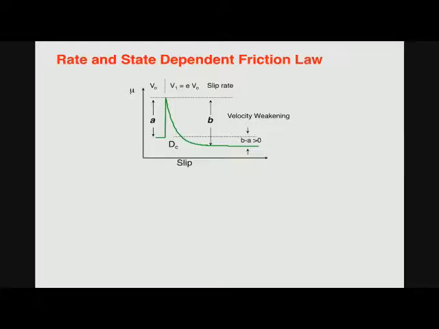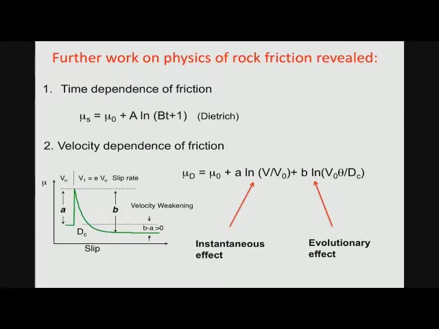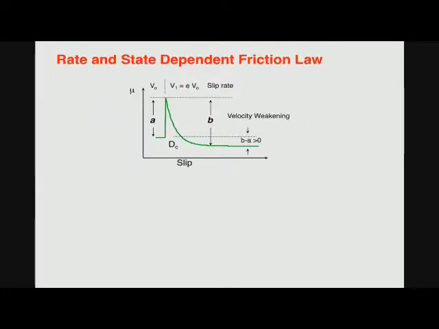There are different descriptions that people use of that. But the importance of rate and state dependent friction is that these coefficients a and b, shown here, are going to define these transitions.